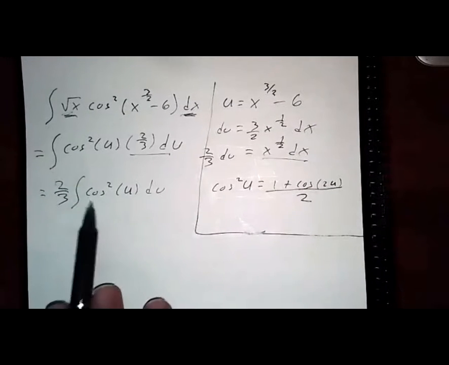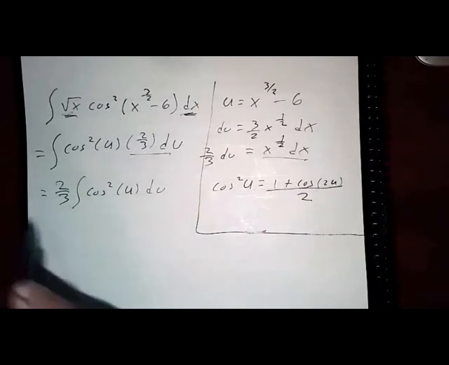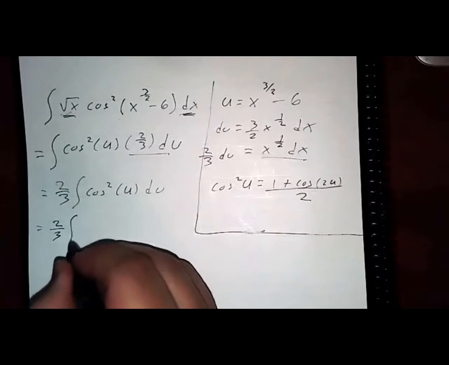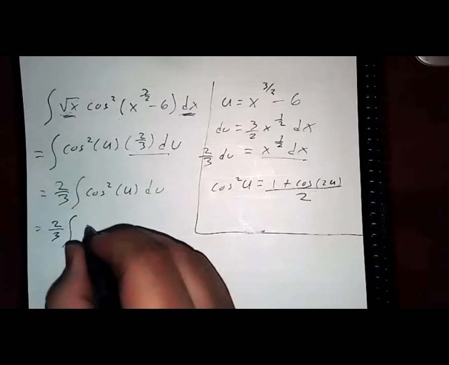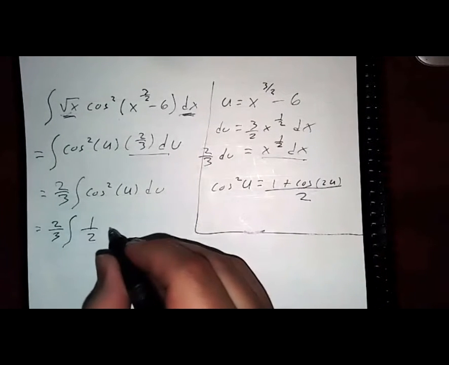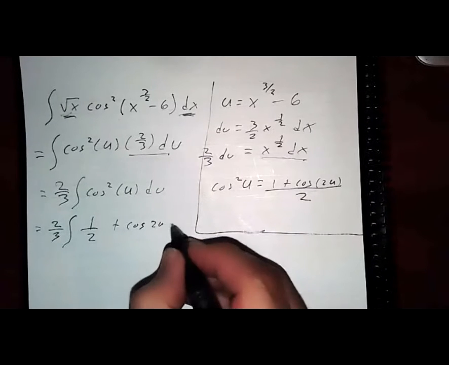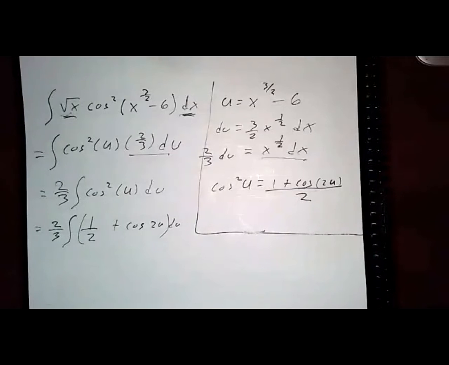So we're going to replace this guy with this one, because this is much easier to integrate. So remember, you can separate this fraction, so you can just do 1/2 plus cosine 2u over 2, du. And just integrate that stuff.